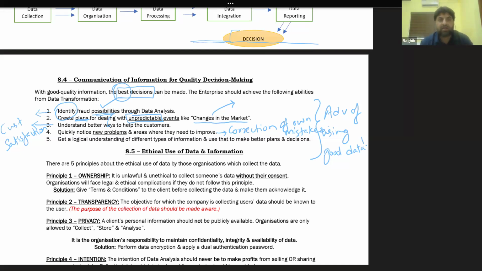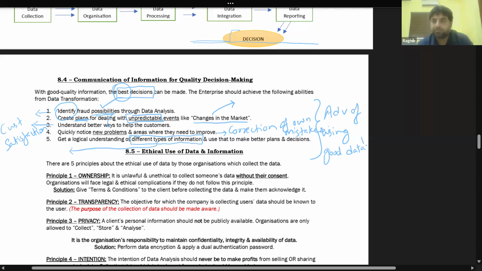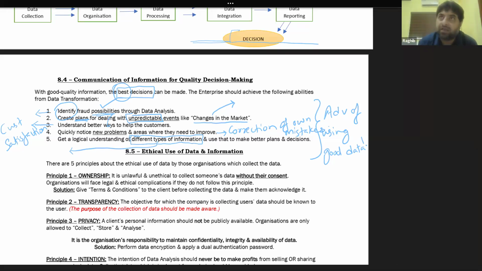Now, the fifth one, get a logical understanding of different types of information and use that to make better plans and decisions. So, if we have the proper types of information, we can understand how one piece of information from the table can be used in different ways. See, in yesterday's class I was talking about data collection.